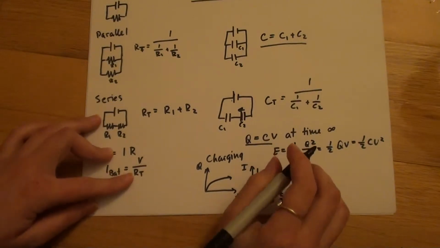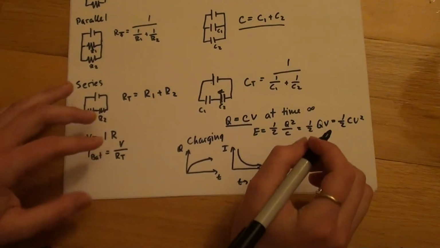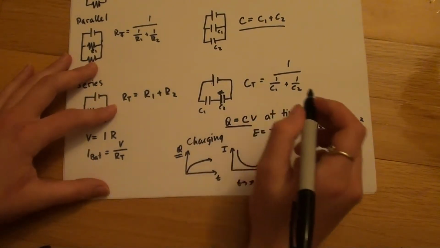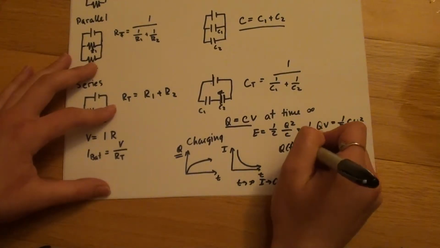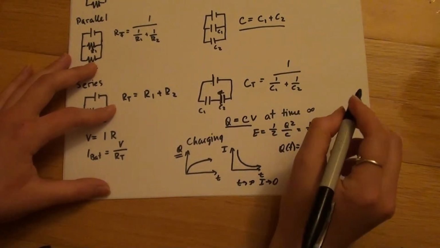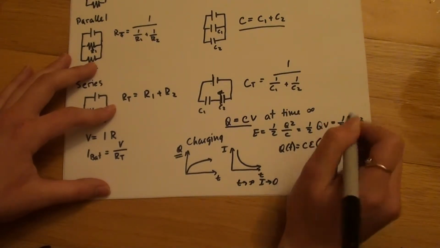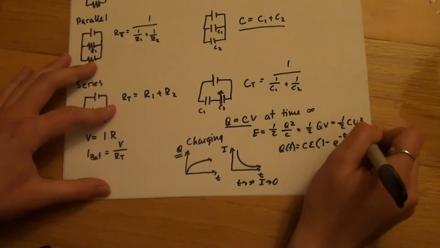Now let's look at the formula for the charge Q in a charging capacitor. The charge is given by the capacitance C times the EMF of the battery times 1 minus e to the power of negative t over RC.